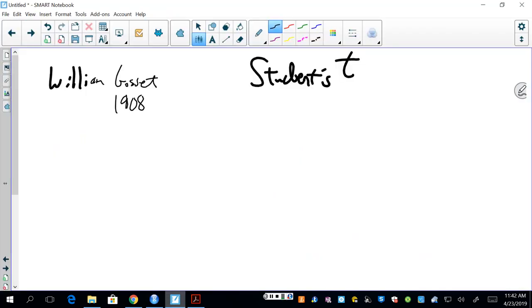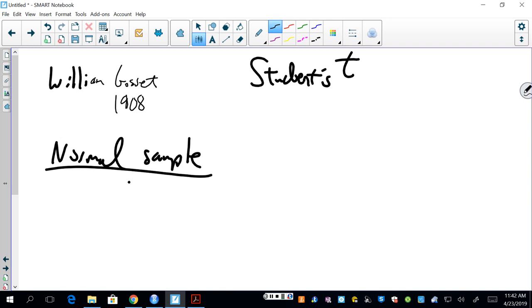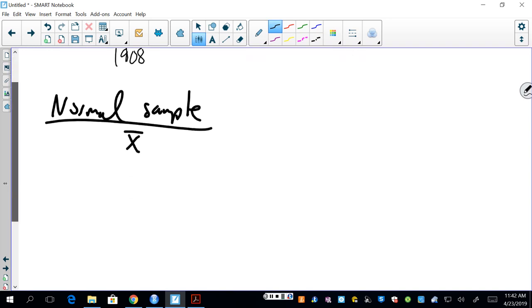So the t, out of the normal sample, x bar by itself is an interesting distribution. S squared is an interesting one, and this t, x bar minus mu over s over the square root of n, becomes interesting, or a standardized version of this thing.